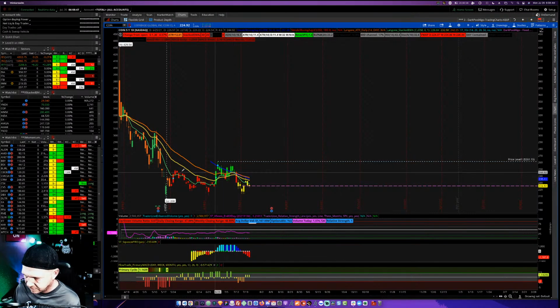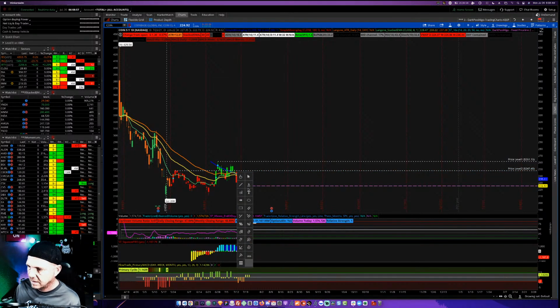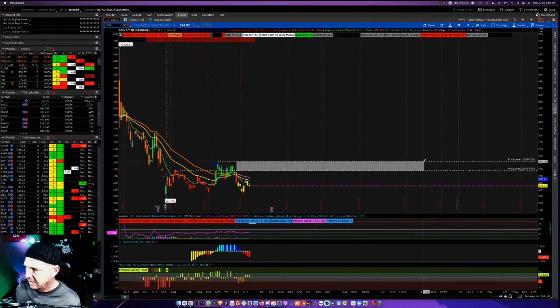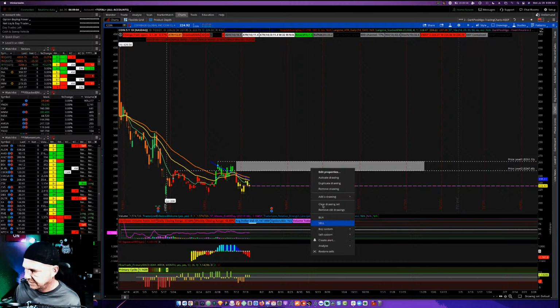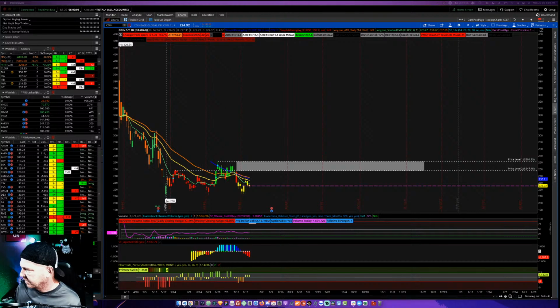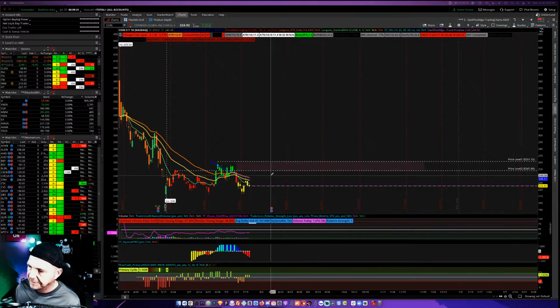On the way up, we're going to run into our little supply zone right here that we're going to go after. I'll just get that marked up. All right, we're going after that level there.